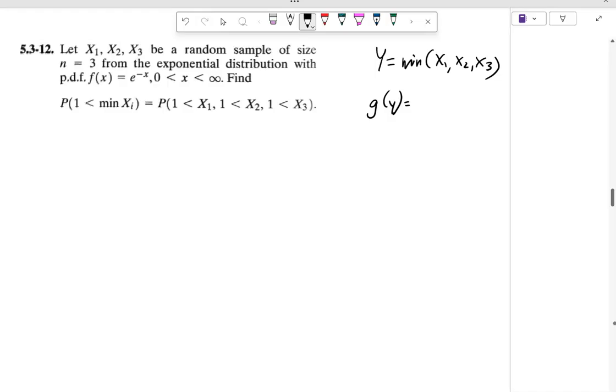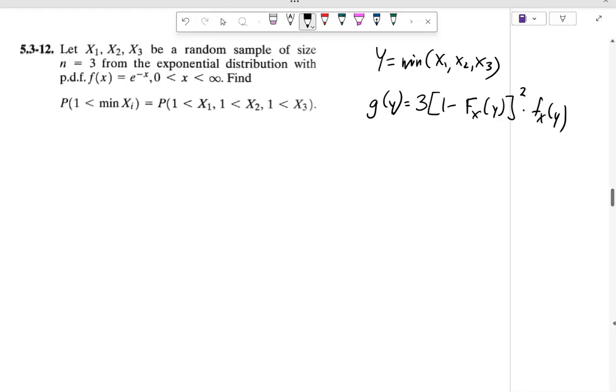Yeah, the n in this case is 3, and then times 1 minus the distribution to the second, and then times little f sub x of y, right? That's the PDF.